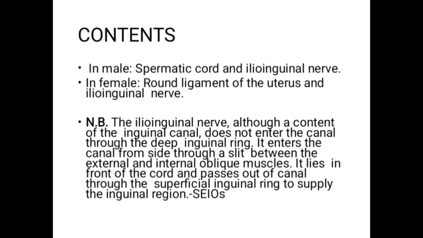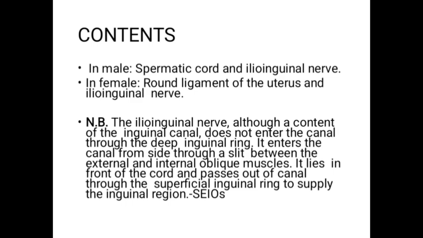Now, there's something you need to know here: the ilioinguinal nerve doesn't pass through the deep inguinal ring. Although it's a content of the inguinal canal, it doesn't pass through the deep ring. It enters the canal through a slit between the external and internal oblique muscles.